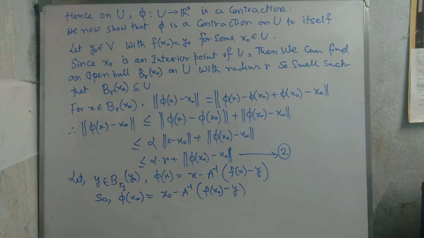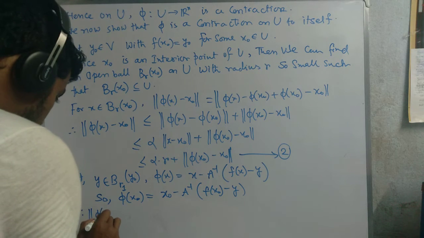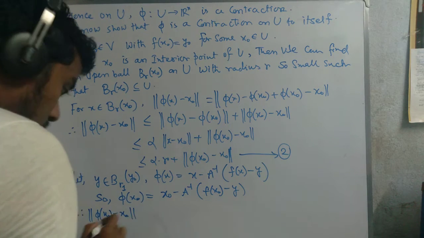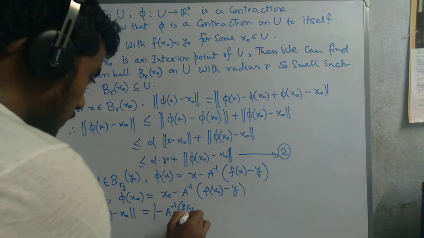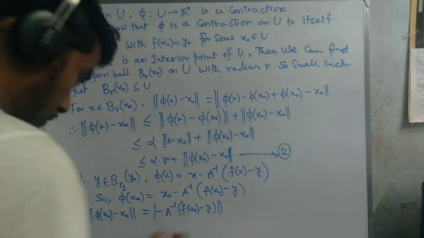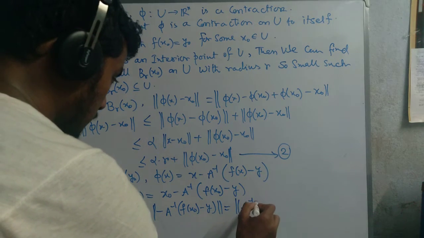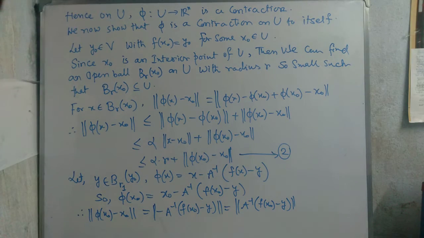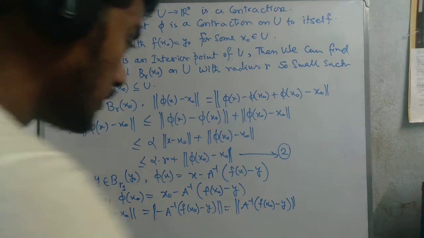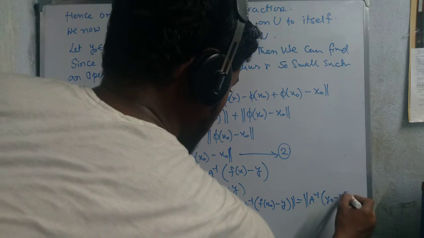Now we write here the norm of phi(x0) minus x0 equals the norm of A inverse of f(x0) minus y. This equals the norm of A inverse of y0 minus y.